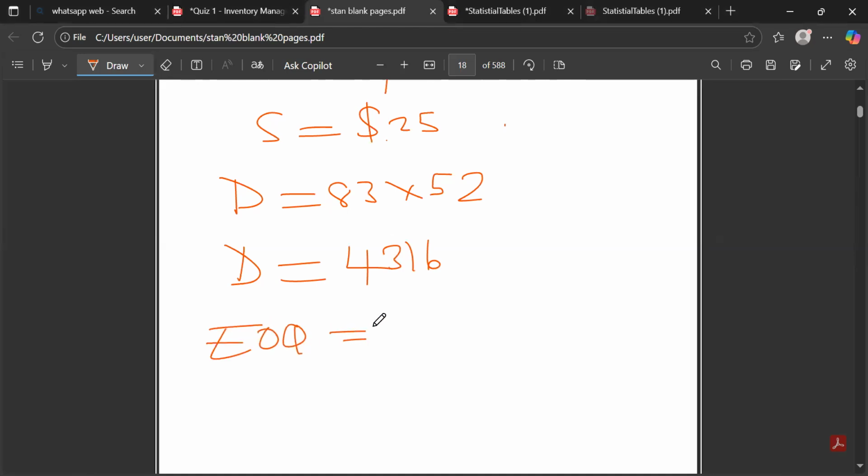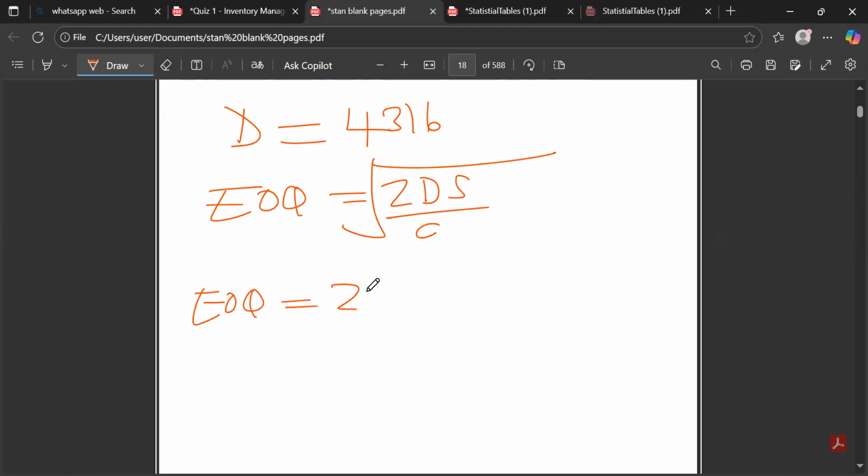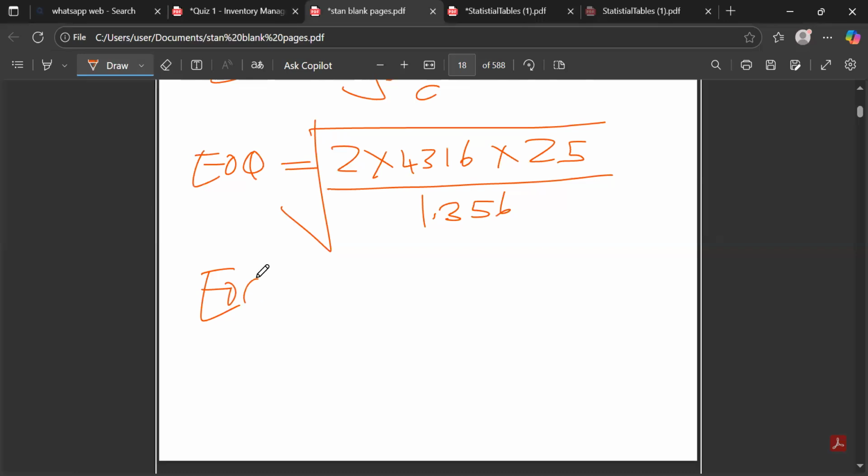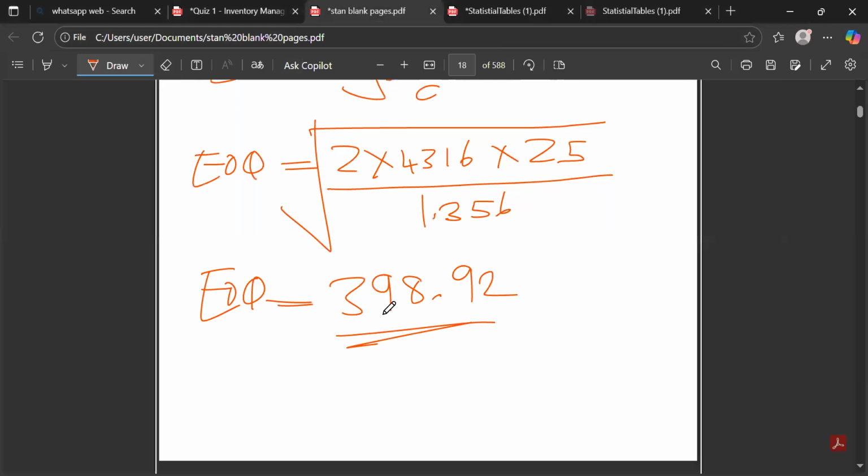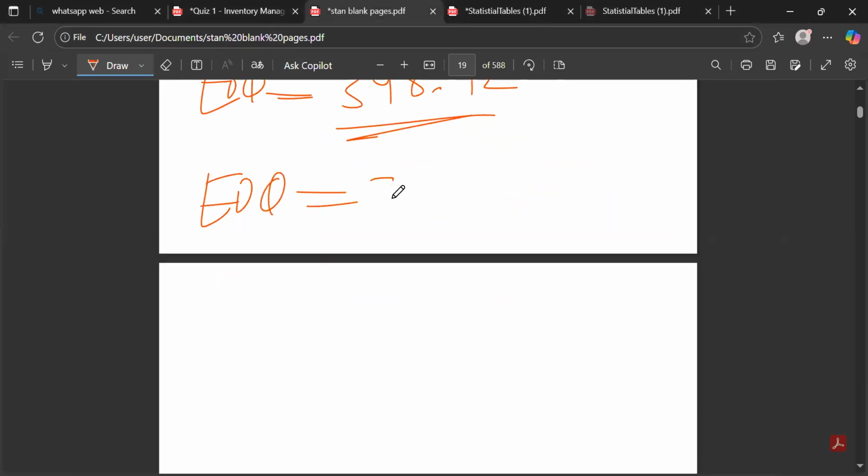Our EOQ will actually be the square root of 2DS over C. So 2 times 4316 times 25 divided by 1.356, square root, gives us 398.92, or just 399 as the EOQ.